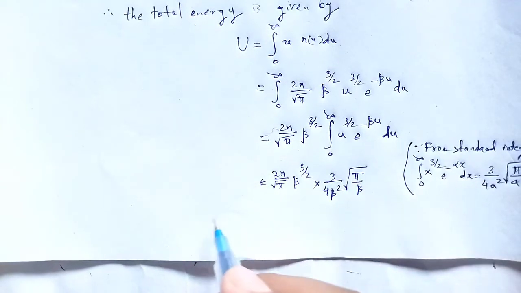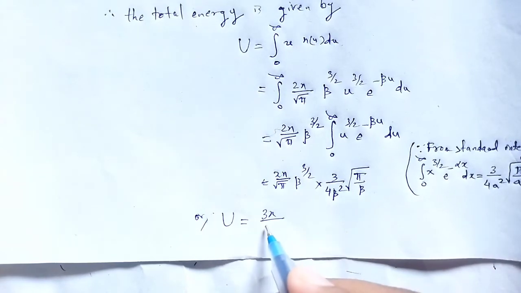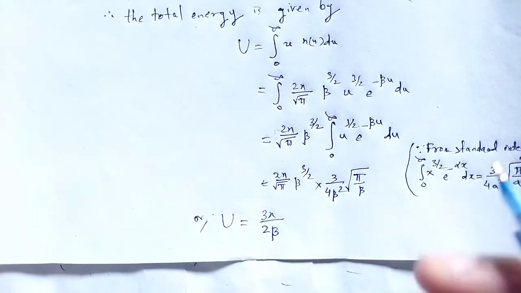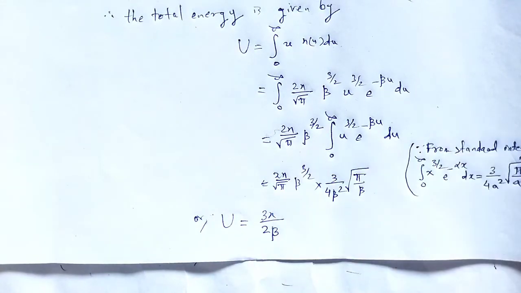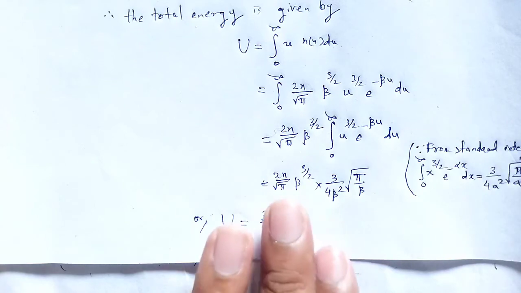Under cancellation we have u is equal to 3n divided by 2 beta, that is the total energy possessed by n number of molecules. So, from the definition of equipartition energy, the kinetic energy per molecule of the gas at temperature T will be 3 by 2 kT.